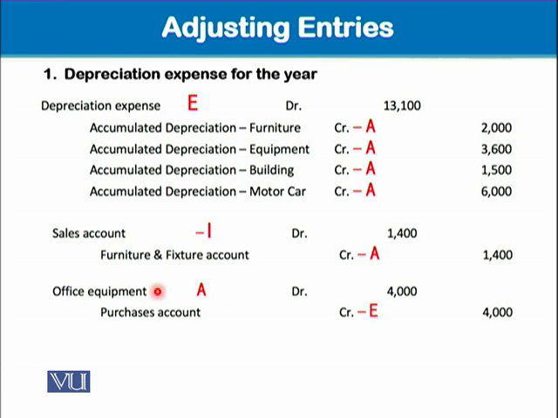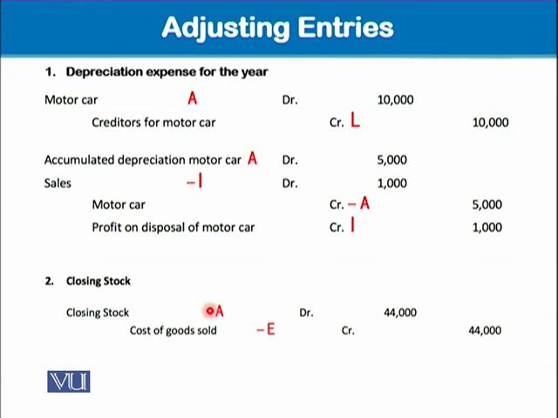It was in fact capital expenditure that was wrongly taken as revenue expenditure. So now it is corrected. Well, the next thing is motor car debit and creditors for motor car credit. This is something that we purchased during the year on credit. So there is a liability with us, and for motor car, there is an increase in assets.